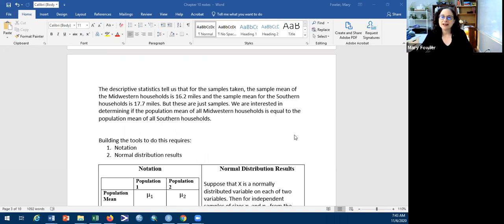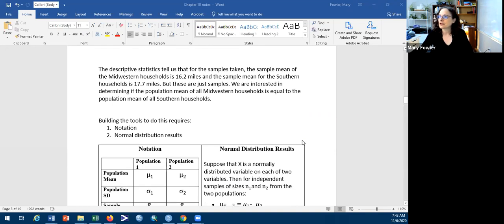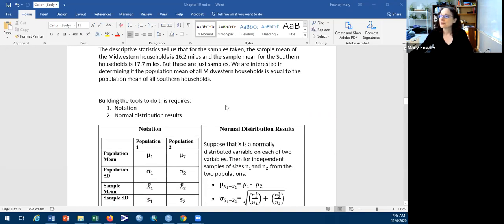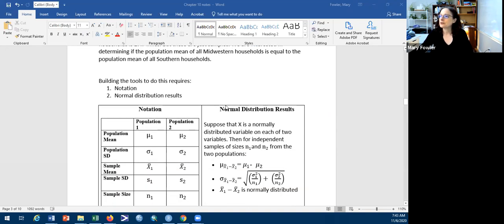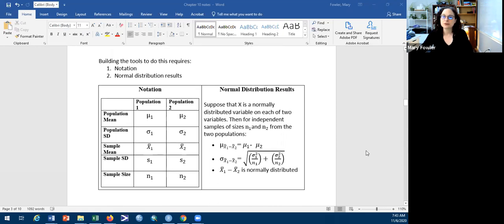Okay, so let's go ahead and set up the probability structure here. We're going to build notation, and I'm going to go over some distributional results. For the first distribution, we'll use population mean mu1 and sigma 1, with a subscript 1. So mu1 comes from population 1, sigma 1 from population 1.